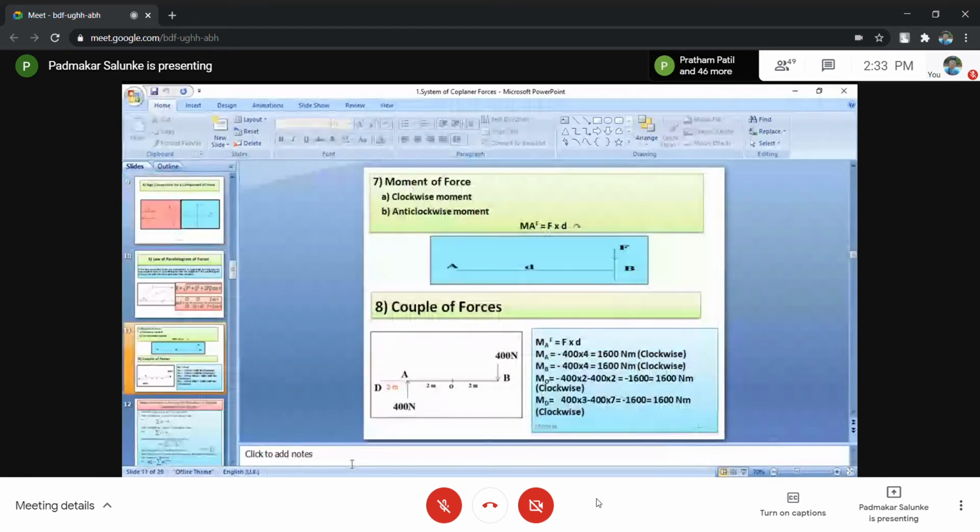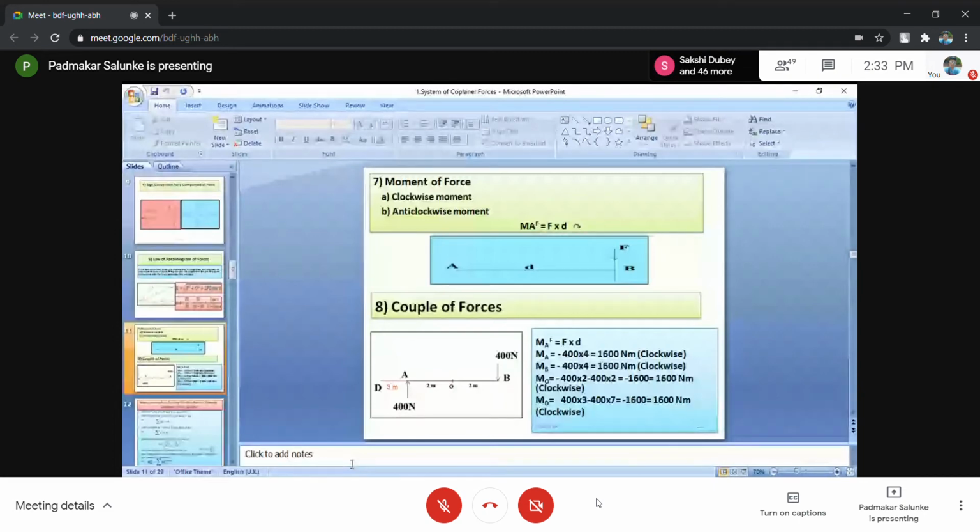The second activity is called couple of forces. Couple of forces is the activity in which two unlike parallel forces of the same magnitudes are involved. A perfect example of a couple of forces is the steering.